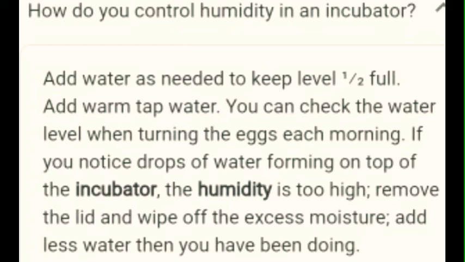You can check the water level when turning the eggs each morning. If you notice drops of water forming on top of the incubator, the humidity is too high. Remove the lid and wipe off the excess moisture. Add less water than you have been doing.